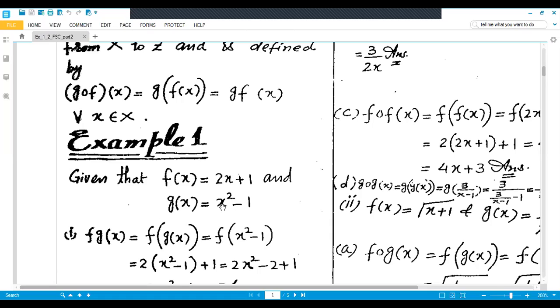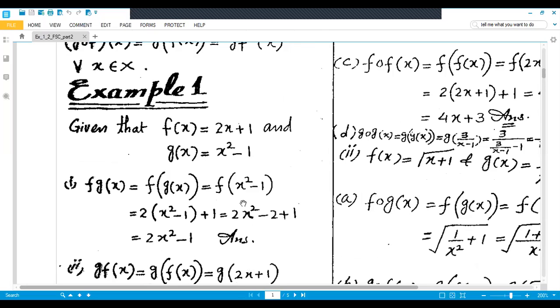The value of g of x, x square minus 1. In f of x you have 2x plus 1, so in place of x you put x square minus 1: 2 times x square minus 1, plus 1. When you open the bracket, 2x square minus 2 plus 1, so you get 2x square minus 1. This is called composition of a function.